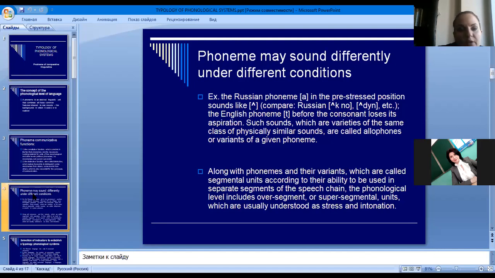Along with phonemes and their variants, which are called segmental units, according to their ability to be used in separate segments of the speech chain, the phonological level includes suprasegmental units, which are usually understood as stress and intonation.